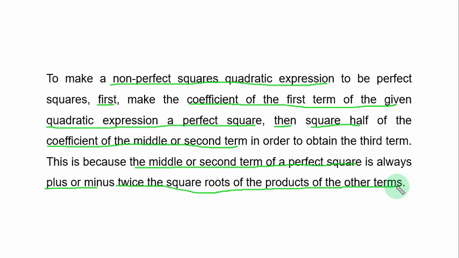The meaning is that another way to get the middle term is to take the square root of the first term and the third term and multiply both together. When you do all of these, you can make all non-perfect square quadratic expressions perfect squares.